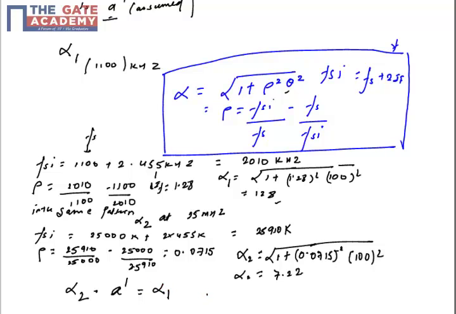So A dash comes out to be 128 divided by 7.22, which is 17.72. This is my alpha dash.